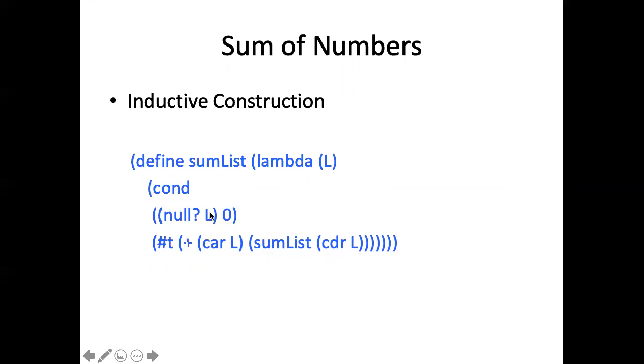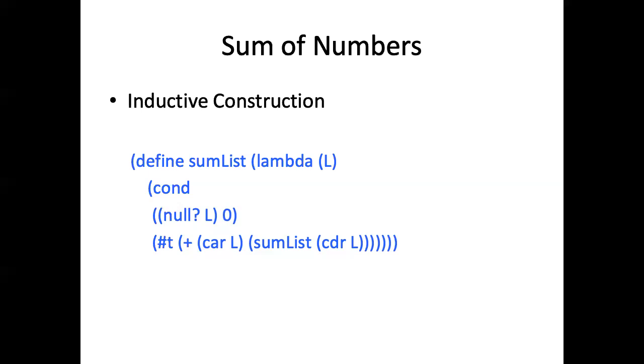Basically we're building up from the definition that it was 0. So another way to think of the inductive construction, by the way, is to assume we know the answer for all arguments from 0 to n.